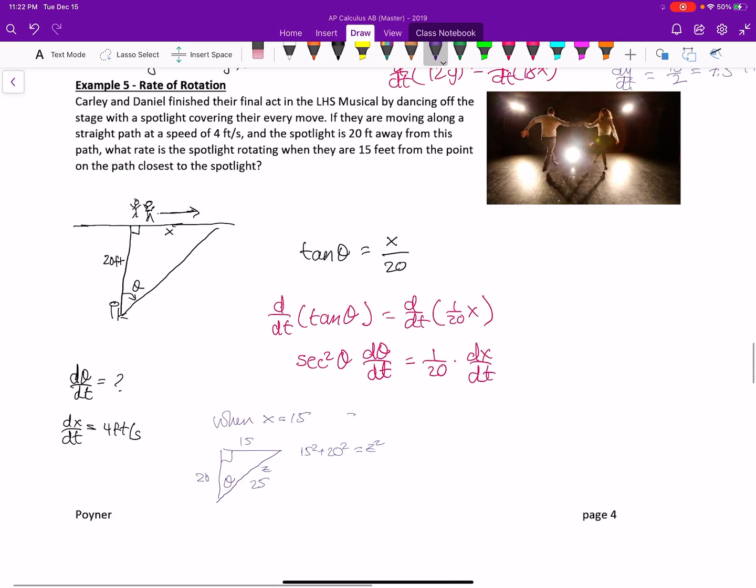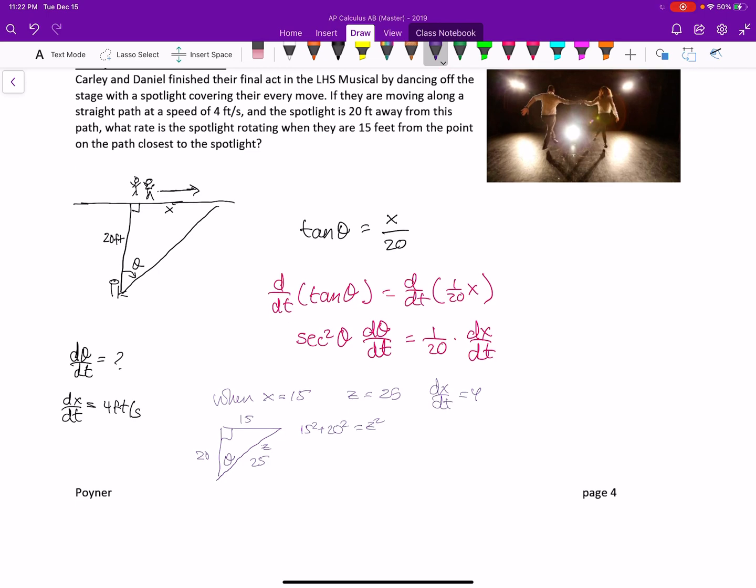And I know that dx/dt is equal to 4, positive 4 because they're lengthening the segment x. So we want secant squared θ times dθ/dt.